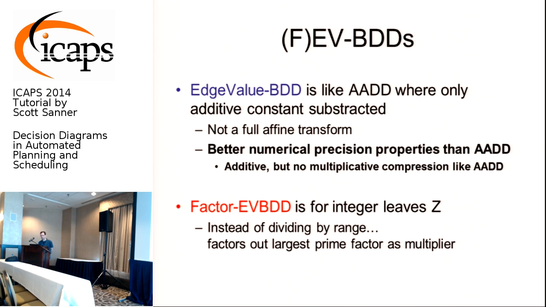So you subtract off a constant, but then to do the canonical edge transform, you use a factorization. So it's quite different in nature than the affine ADD. But again, it's trying to exploit additivity and multiplicativity in integer value diagrams, if you happen to have that subset.